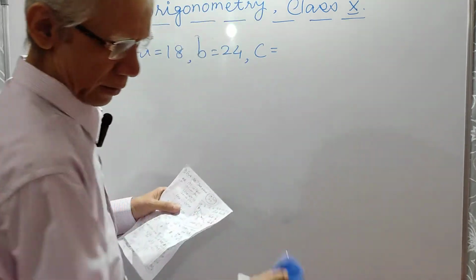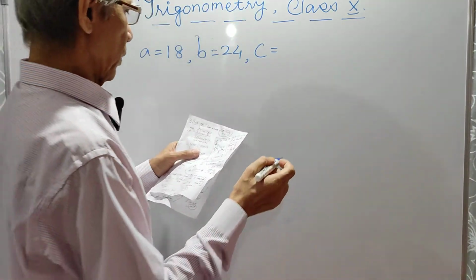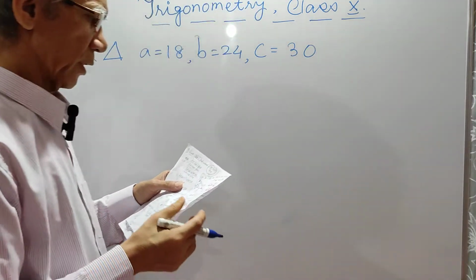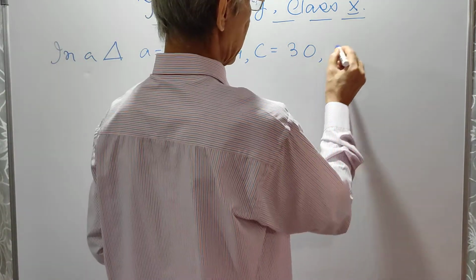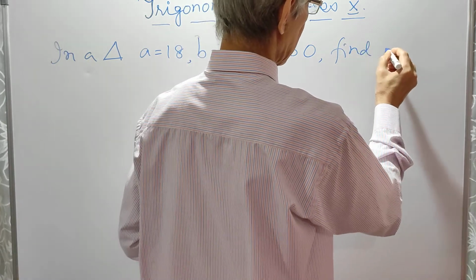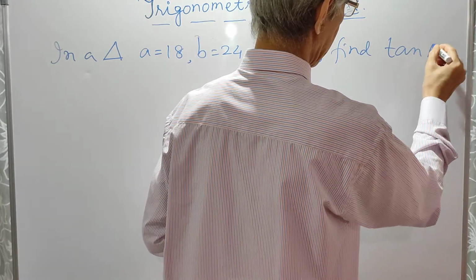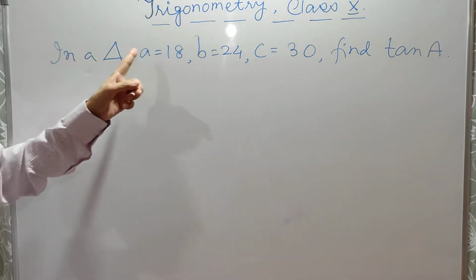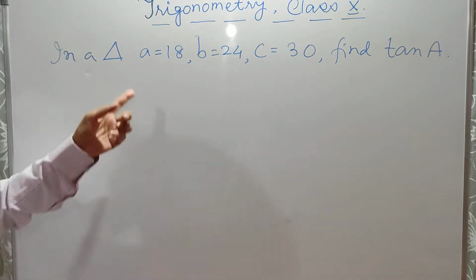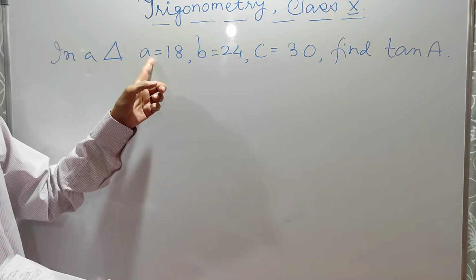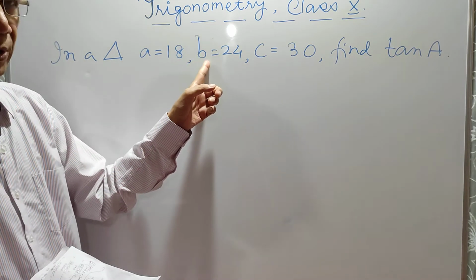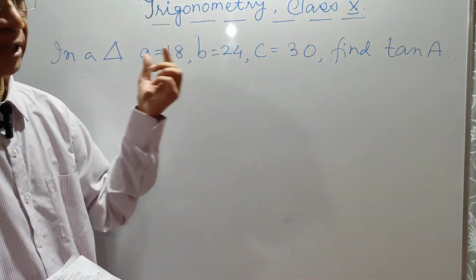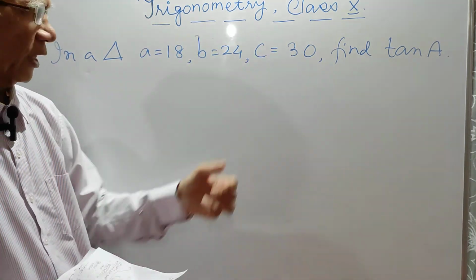So in a triangle ABC, C is 30 centimeter. So find tan of angle A. Now small a means the side opposite angle A, small b means the side opposite angle B, small c means the side opposite angle C. That is the meaning of small abc, right?